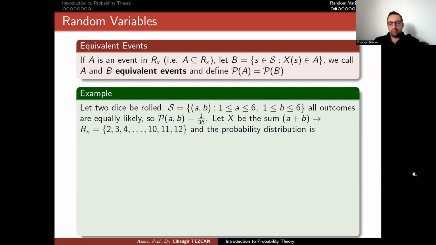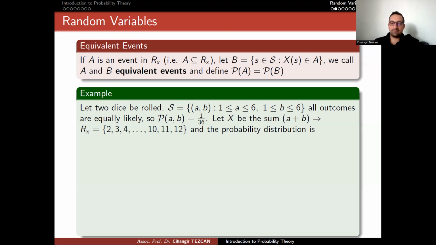Let two dice be rolled. We are rolling two dice, and the first result let's denote with A and the second result with B. So A can be between 1 and 6. Of course, this is not an interval, meaning 1, 2, 3, 4, 5, and 6. And similarly, B is a 6-sided die. Of course, if you're a Dungeons and Dragons player, your regular dice would have more sides, like 12 or 20, 20 being the most famous.